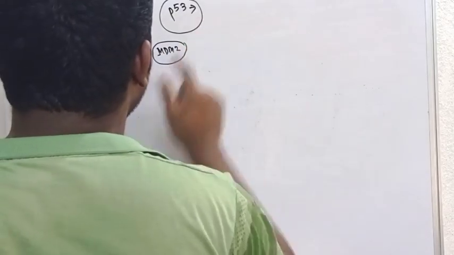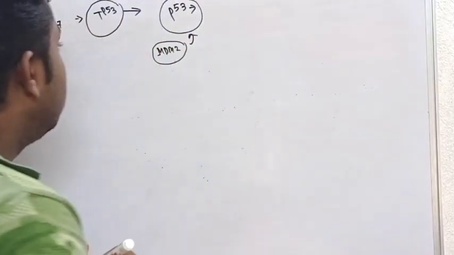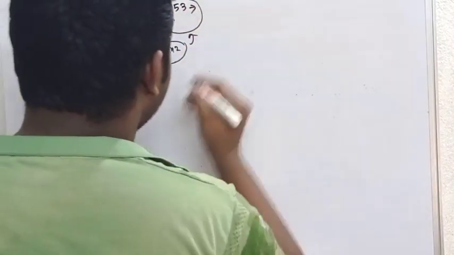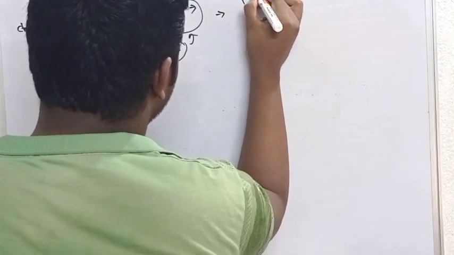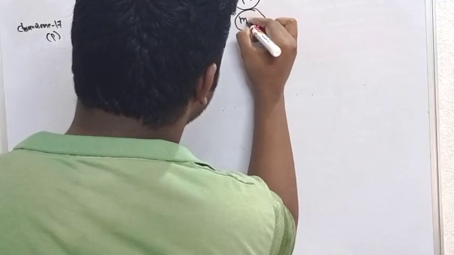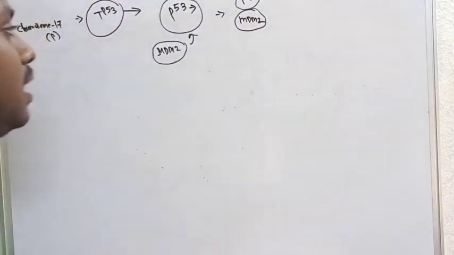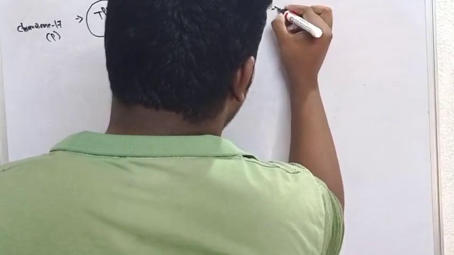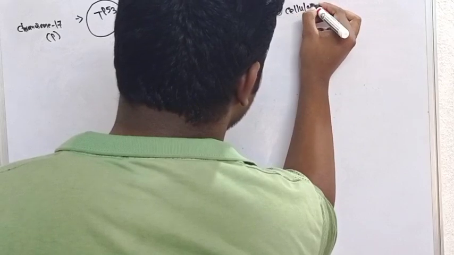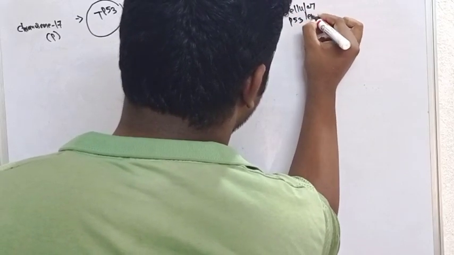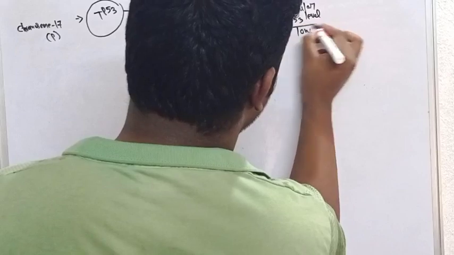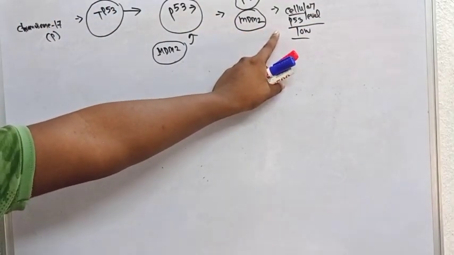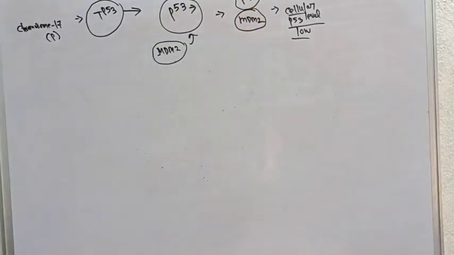MDM2 binds with P53 and degrades it, and a P53-MDM2 complex will be formed. So the cellular P53 level is very low due to degradation by MDM2.